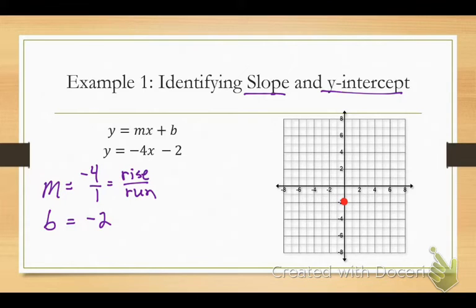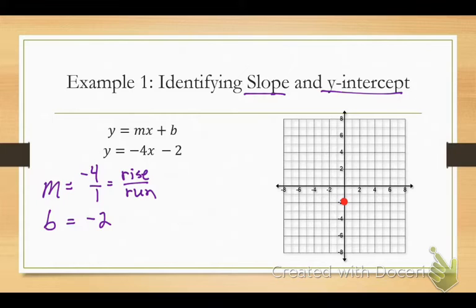Now from that point, don't go back to 0. From that point, you can follow the slope of the line to get to the next point. So if it's -4, do you think you would go up 4 from that point or down 4 from that point? Down 4. So go down 4 and then over 1 and plot your next point.